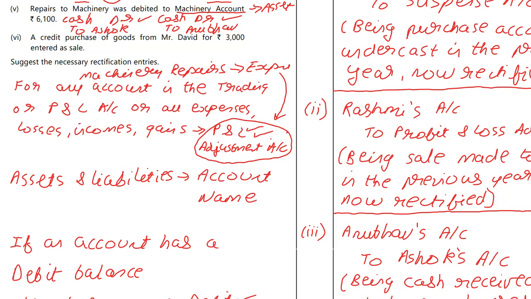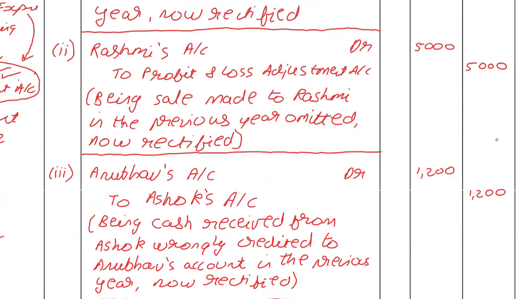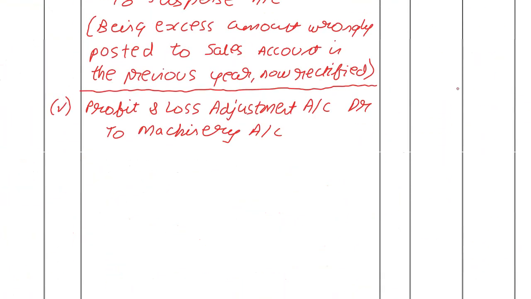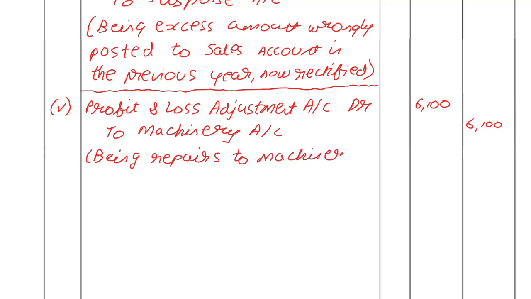So we will also write that down. 6,100, being repairs to machinery wrongly debited to machinery account.